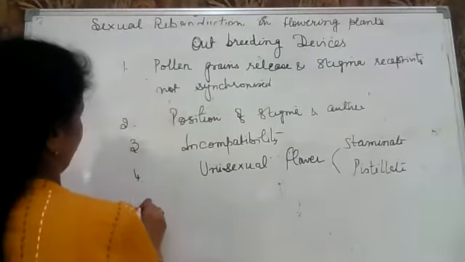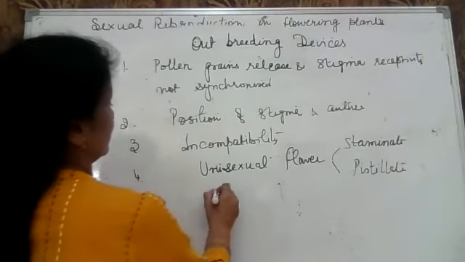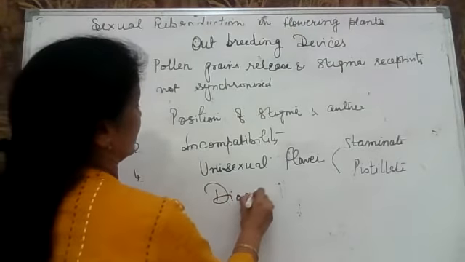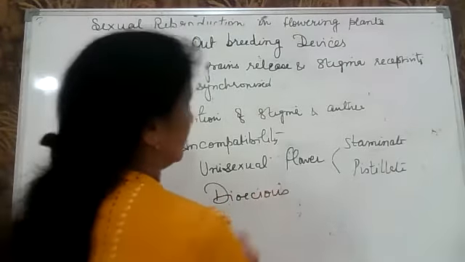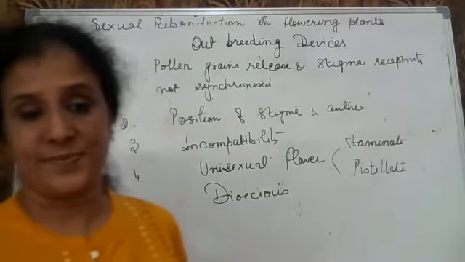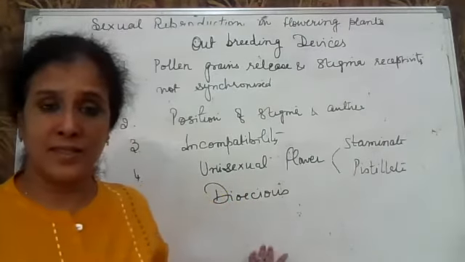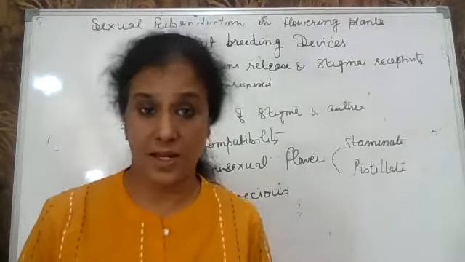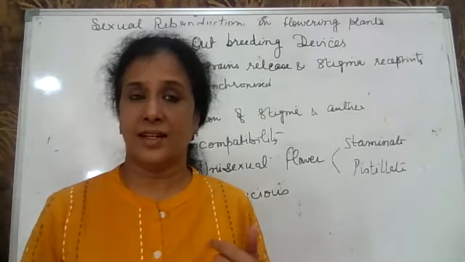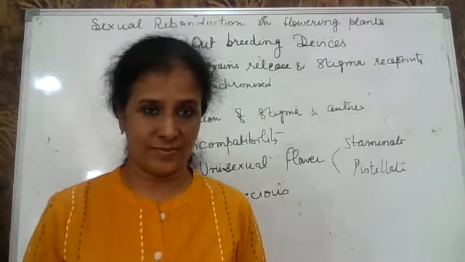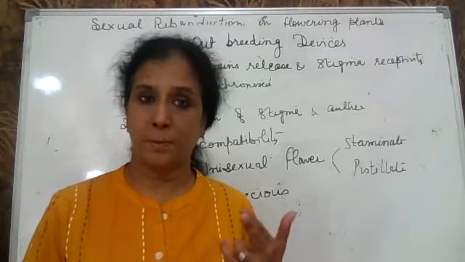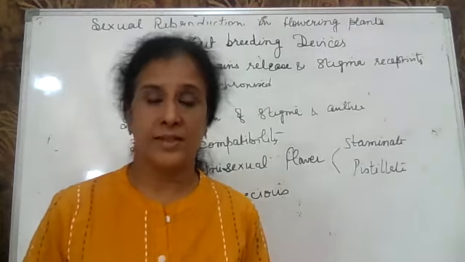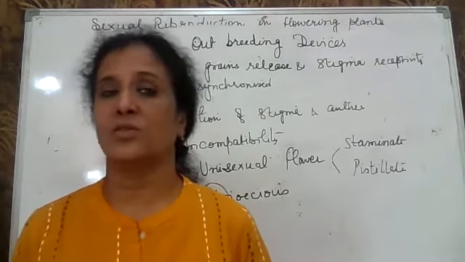The fifth one, dioecious plant. When the plant is either the male plant or the female plant, as we have done earlier, as in the case of date palm, banana, papaya, the plant is either male or female.